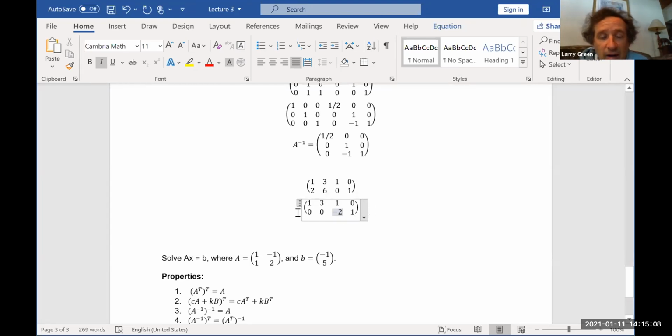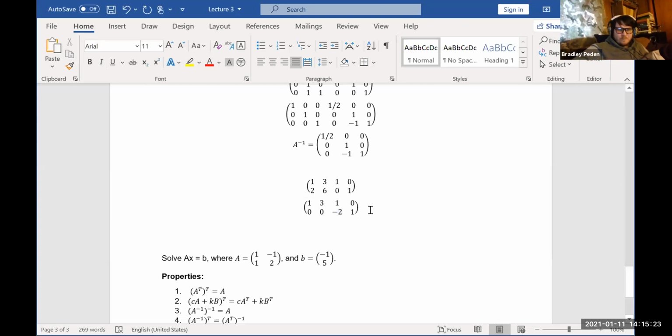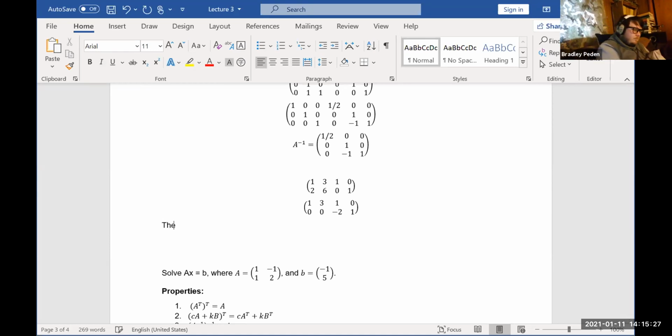Okay, is this RREF'd? Yes, it is RREF'd. Is the left-hand side 2 by 2 matrix the identity? No. So therefore, since, actually I should say since first, I guess.